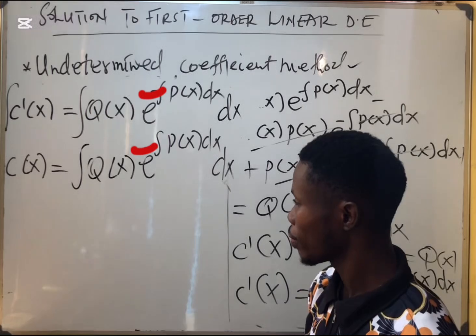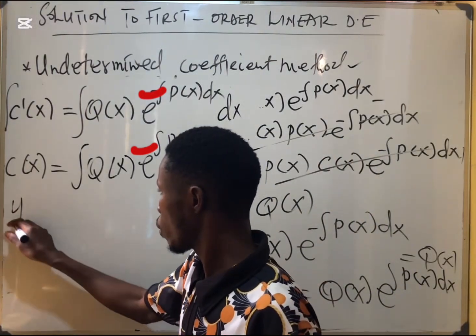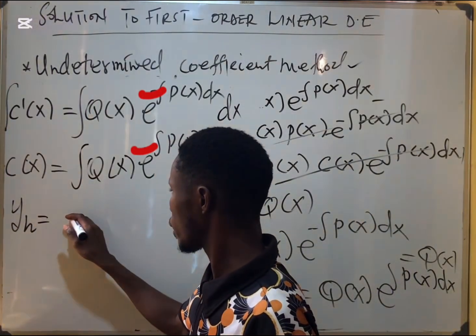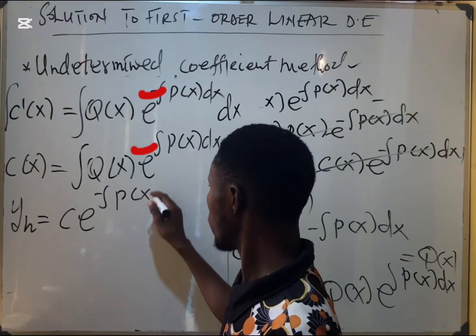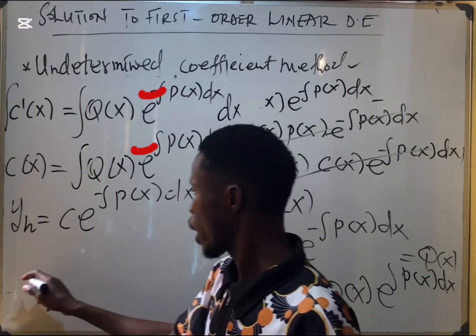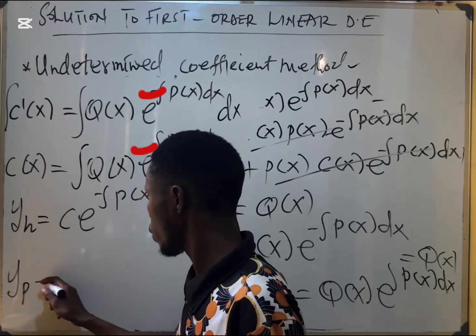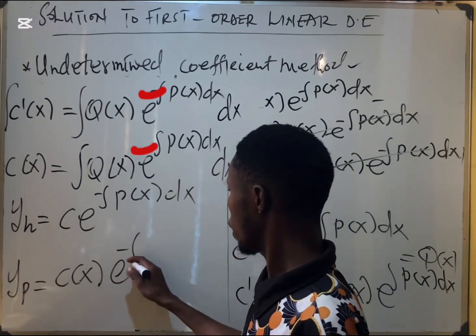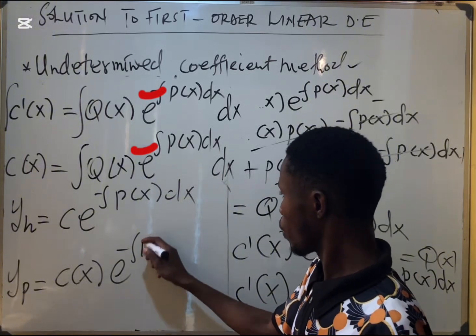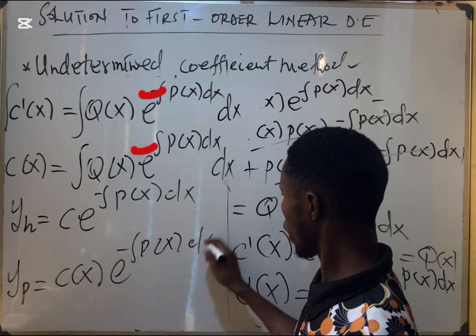Remember, don't forget that we have y of h, which we had as C e to the negative integral of p of x dx. And we also have y of p, which is c of x e to the negative integral of p of x dx.